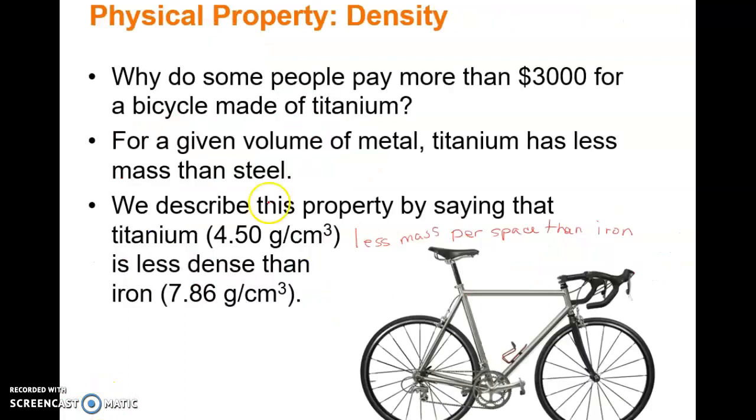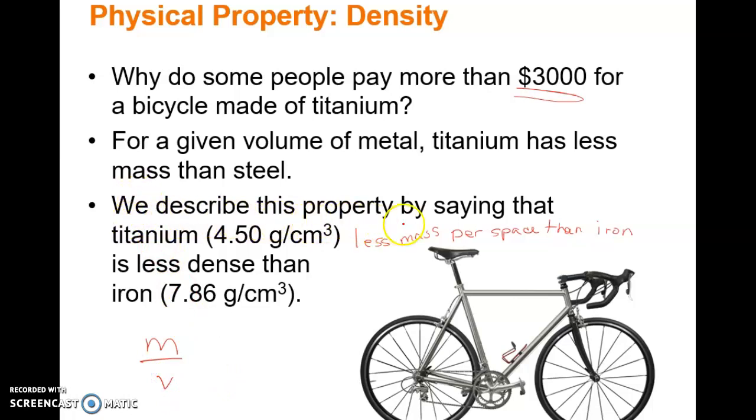Let's discuss density. So why do some people pay more than $3,000 for a bicycle made of titanium? For a given volume of metal, titanium has less mass than steel, okay? Density is mass over volume, okay?